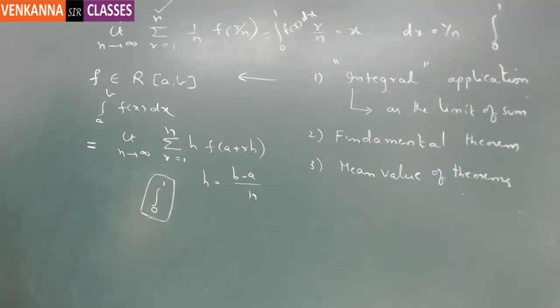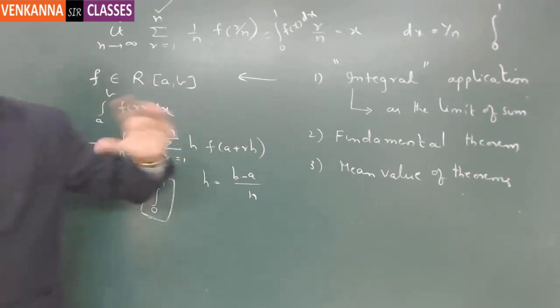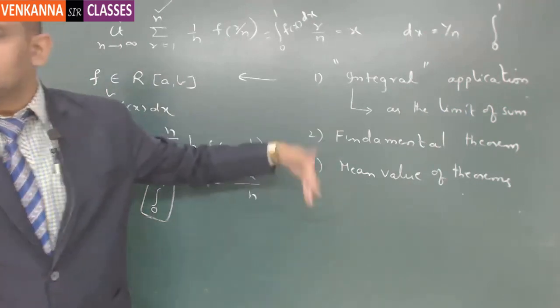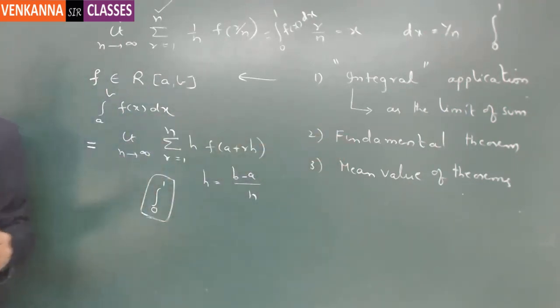Right. The other one is, since we are talking about the fundamental theorem, first of all, I want to give the illustrations over these things, then we'll go with the problem solving techniques.